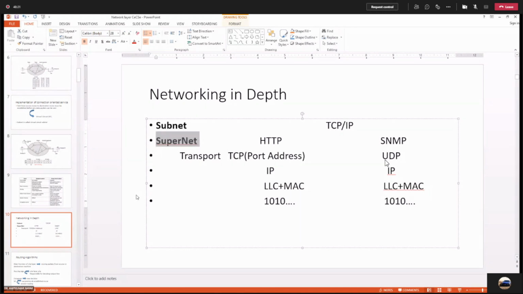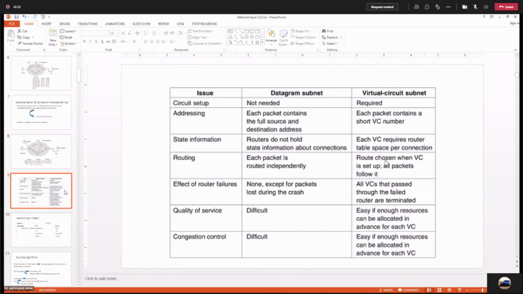The last slide of this session will be the slide on your screen, networking in depth. But before we discuss the difference between subnetting and supernetting, my request is that you explain any two issues with respect to connection oriented and connection less communication.